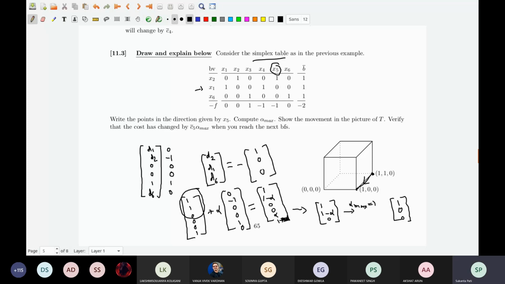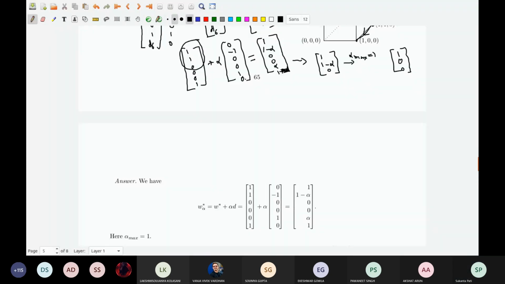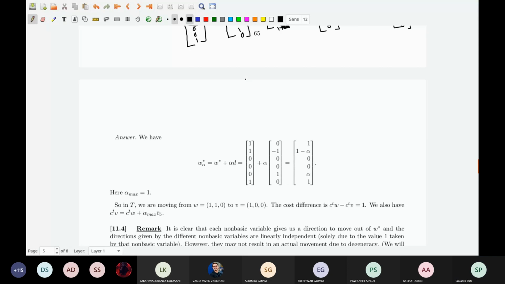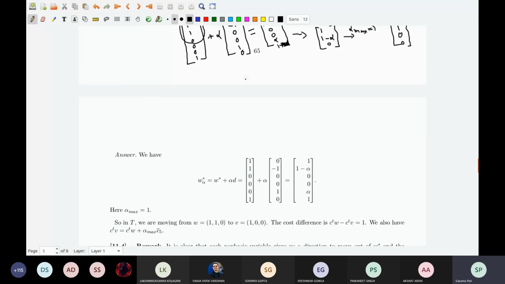So starting from this simplex table, the moment you choose different non-basic variables, you get directions to move out of that vertex. That is in R6, this is for SLPP, but I can see the picture in R3 itself. Any doubt till now? Because I will not cover this again.